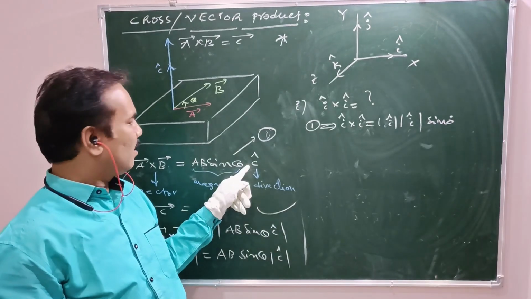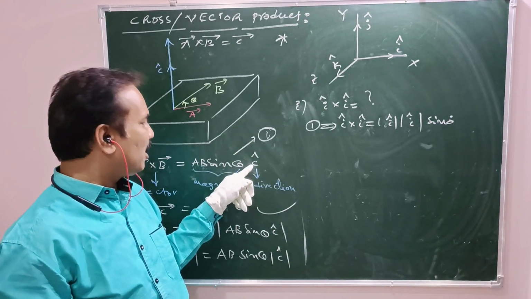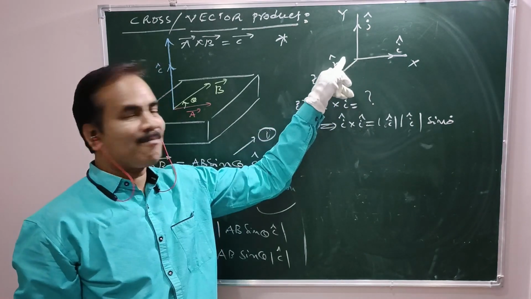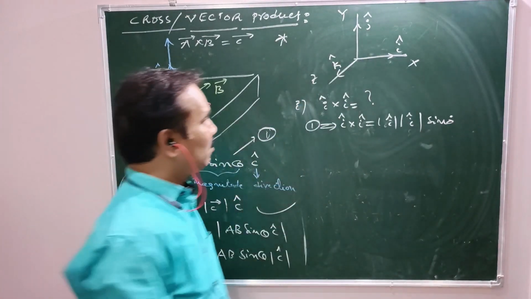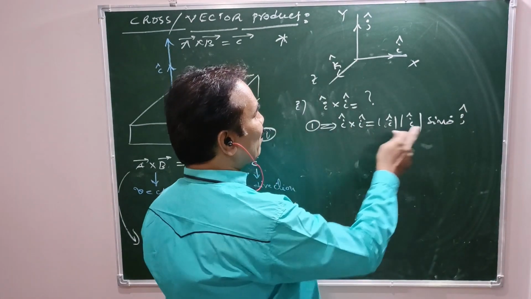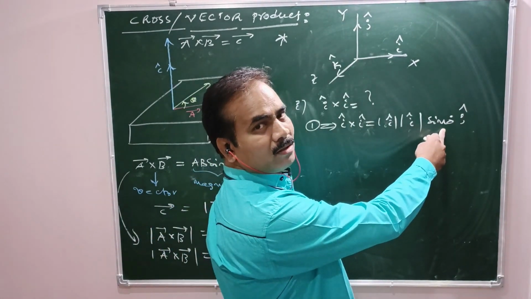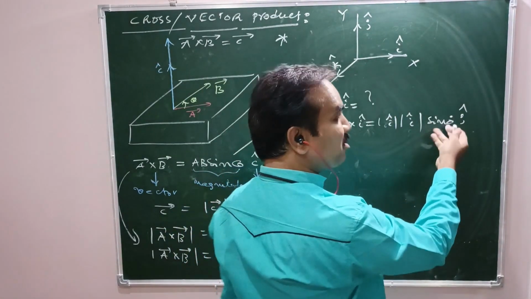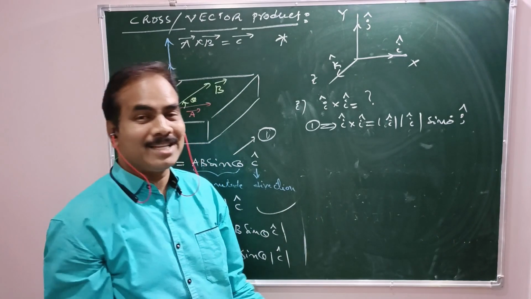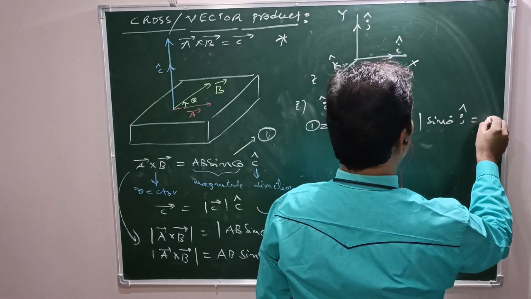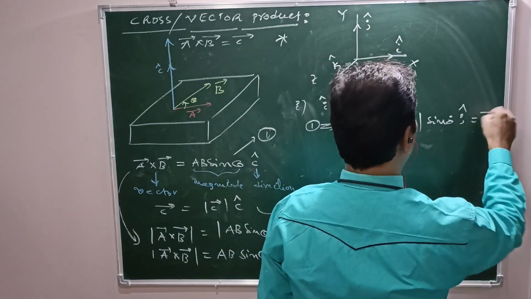What is the unit vector normal to I cap here? Normal to I cap, J cap is there, K cap also there. We can take any one of those, say J cap. No problem, because here sin 0 is 0. So if I take J cap or K cap, no problem. So what is the result? 0, that is 0 bar.